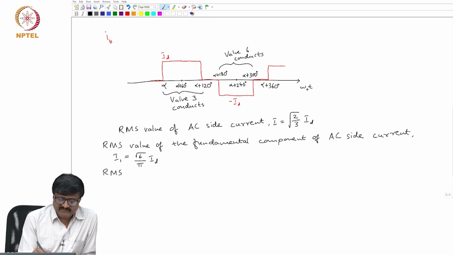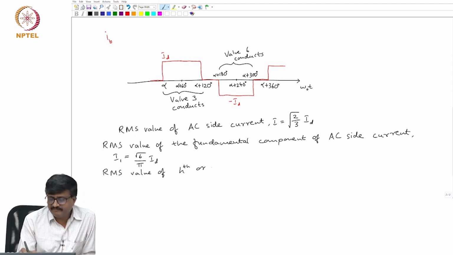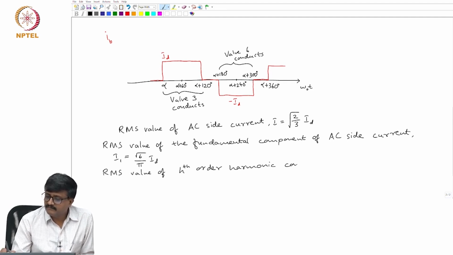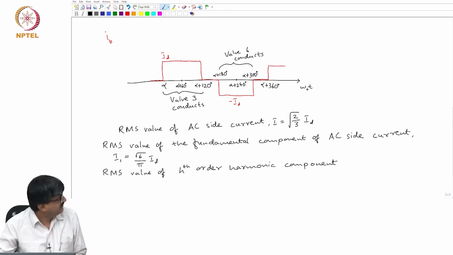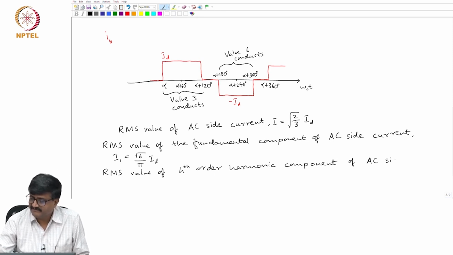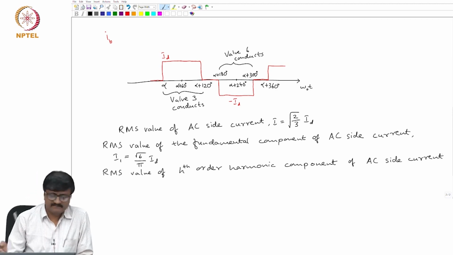If I want the RMS value of the Hth order harmonic component of the AC side waveform, AC side current.